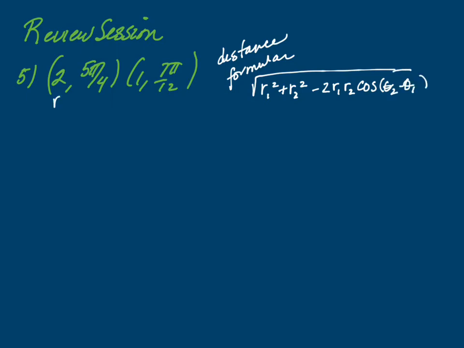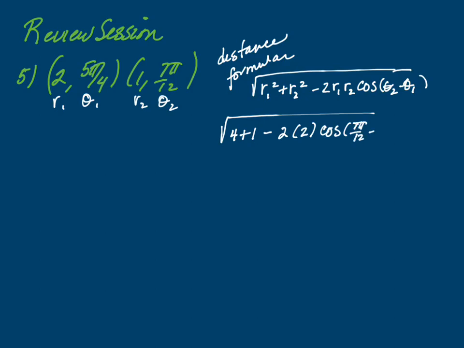This is r1 theta 1, r2 theta 2, so we just substitute in. This would be the square root of 4 plus 1 minus 2 times 2 times cosine of 7 pi over 12 minus 5 pi over 4.